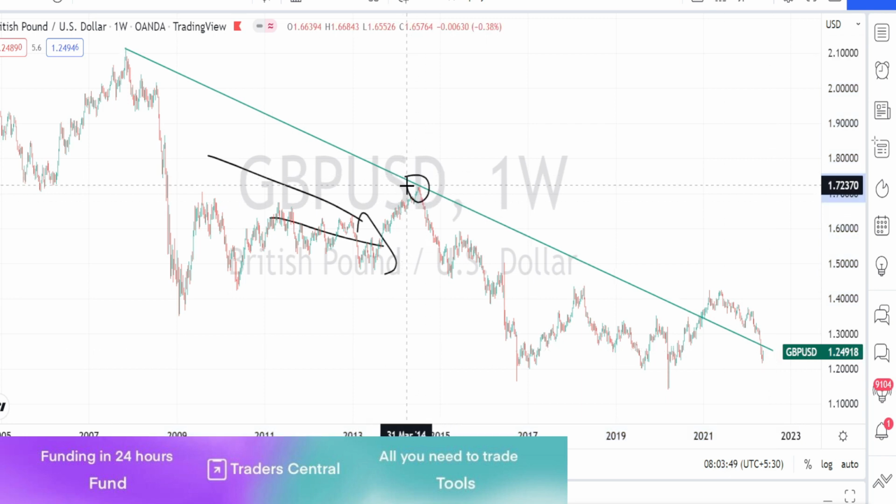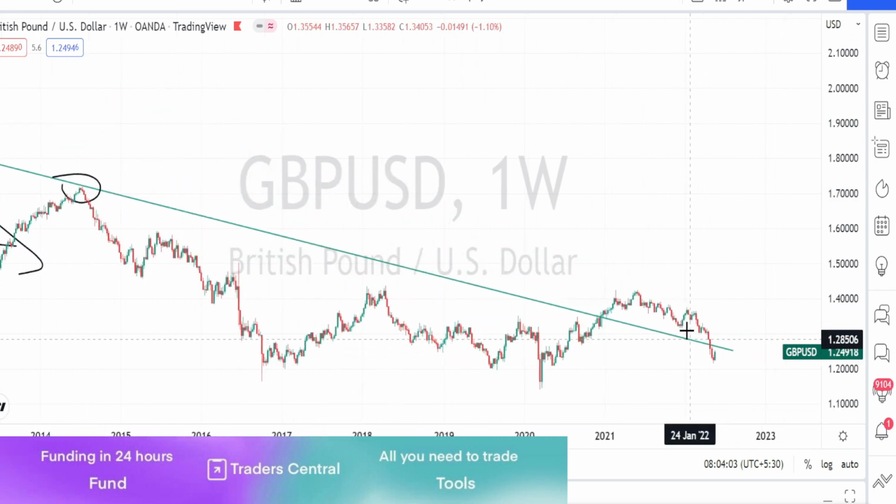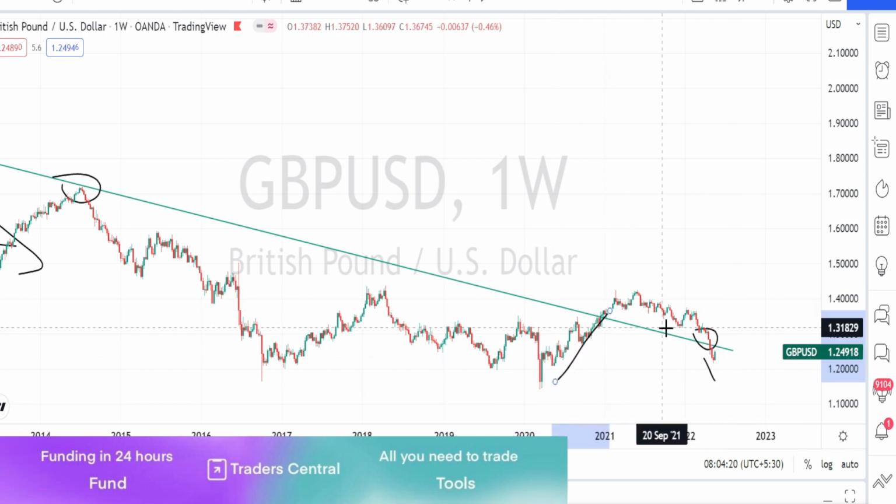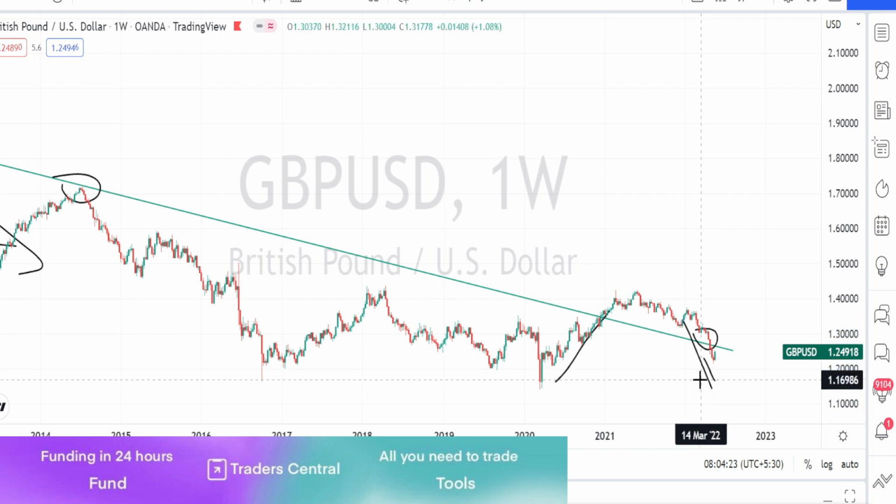So it had bounced back from this resistance level, and currently when we look at the price action, it has broken this support line and the price action is trading below this trend line or the support line. Previously it went up breaking this resistance line. Currently it has retraced back breaking this support line.